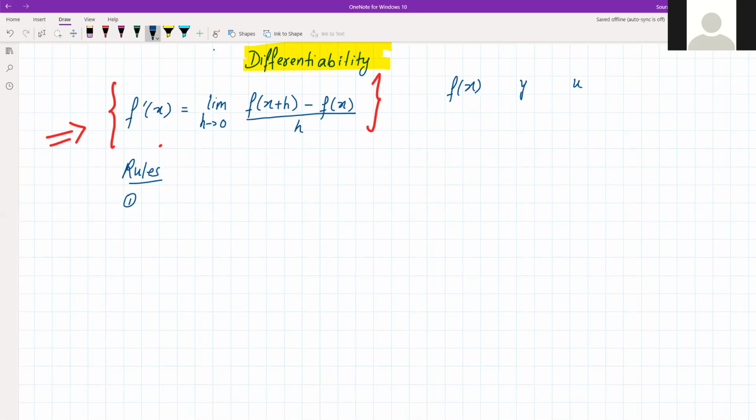All of these are actually functions of x. And the differentiation we represent as f dash x, or y dash, or dy by dx, or u dash, like that. These all represent the differentiation of the function.